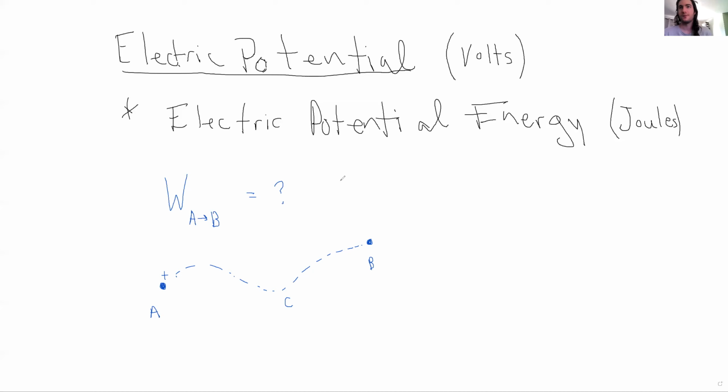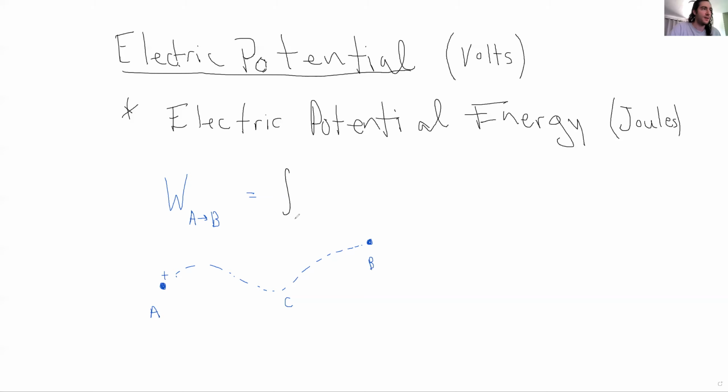Well, first off, we know what work is from last semester. In general, we can always write down the work done on a particle in terms of a force. So that's going to be an integral on some path.